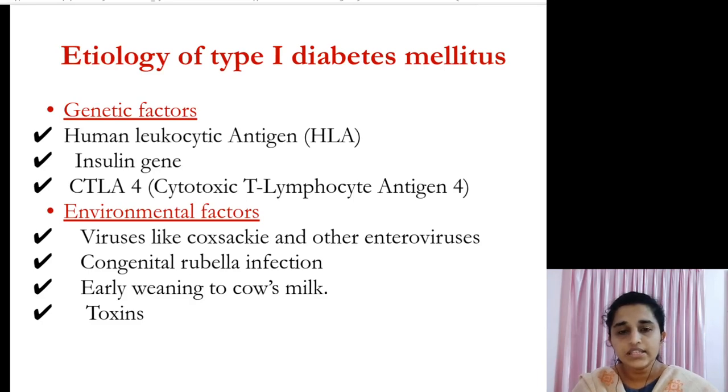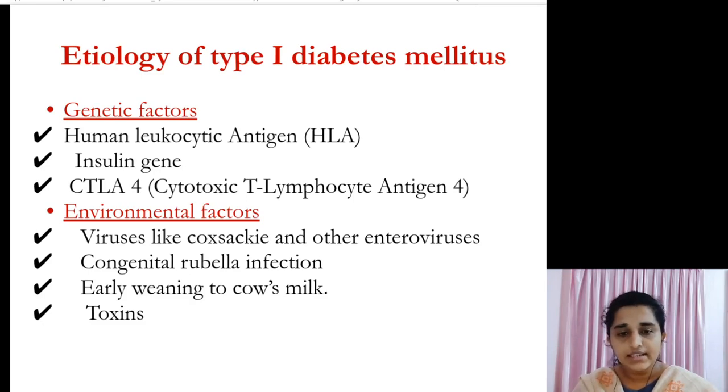These etiological factors are very important. The first factor is the genetic factor. This we have to keep in mind: this autoimmune condition results from genetic factors, namely human leukocyte antigen HLA and the insulin gene.